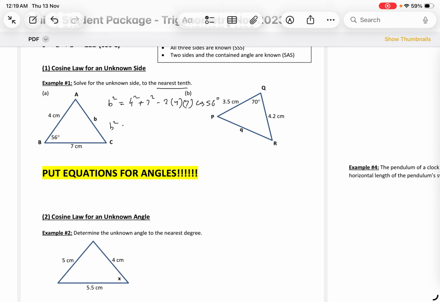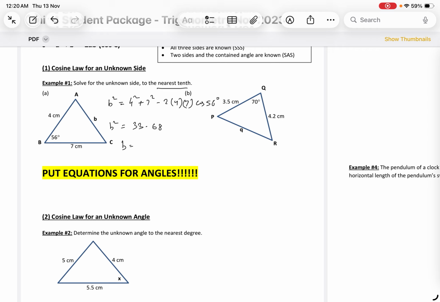We get b square is equal to 4 square means 16 plus 49 and minus, which gives 33.68.